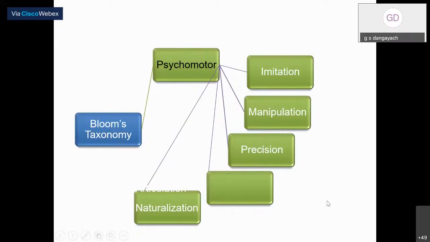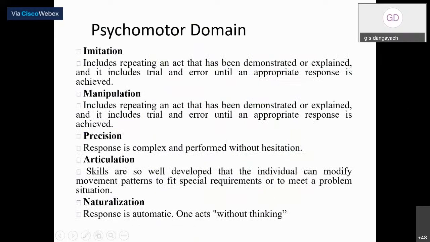This figure is showing the different levels of the psychomotor domain. These levels are discussed here. Imitation includes repeating an act that has been demonstrated or explained, and it includes trial and error until an appropriate response is achieved.